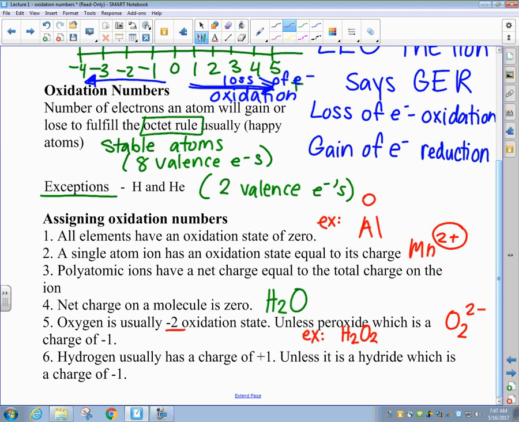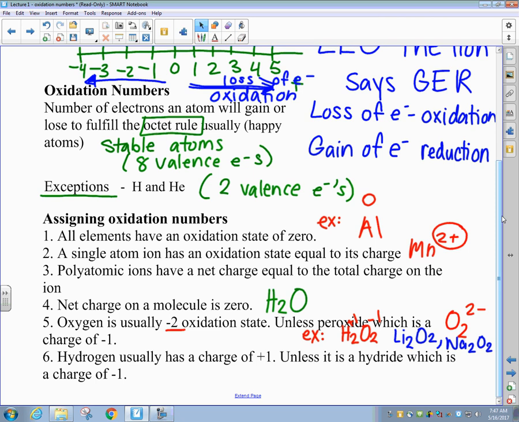We know the oxidation state of hydrogen is typically +1, and therefore, if I have 2 +1 charges, oxygen's charge must be -1 in order to balance out and have a net charge of 0 on the molecule. Another example of that would be lithium peroxide or sodium peroxide, or again, any alkali metal combined with oxygen in a 2:2 ratio.